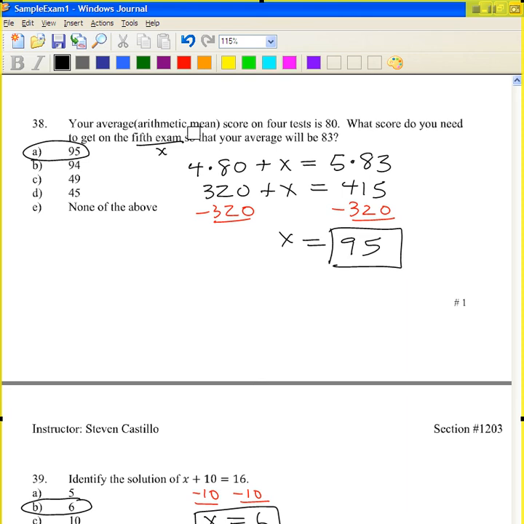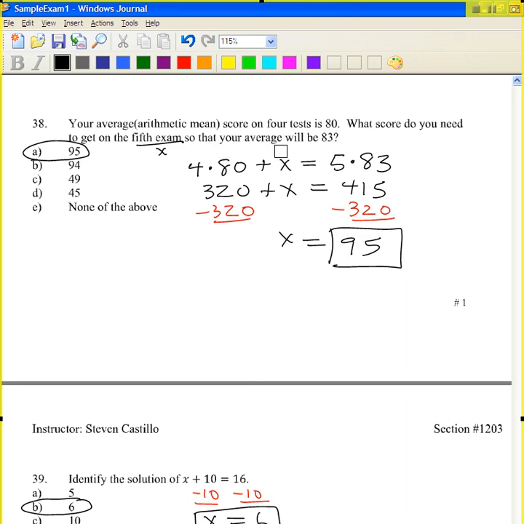So, your average on 4 exams is 80. What score do you need to get on this 5th exam so that your average for the 5 exams will be 83? And so 4 times the average gives you the total number of points you've scored.